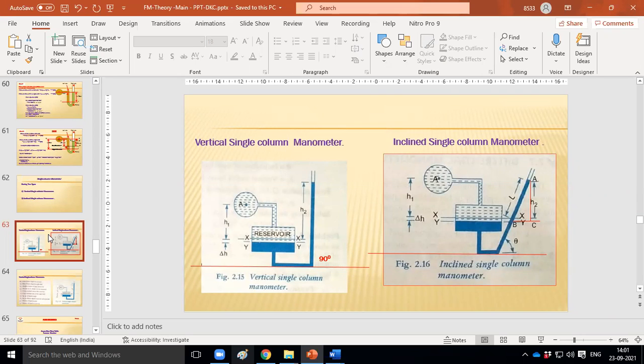In this case, which limb has the higher cross section area, left or right? The right side cross section area is lower as compared to the left limb, and the left limb cross section area is much higher as compared to the right side.